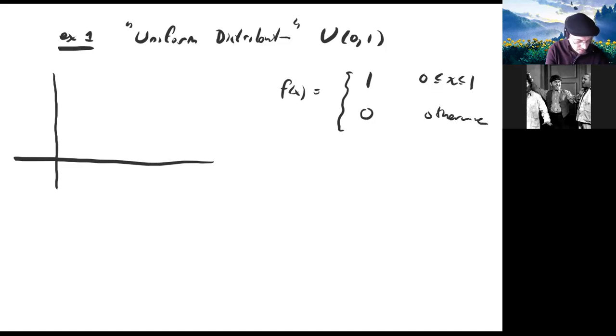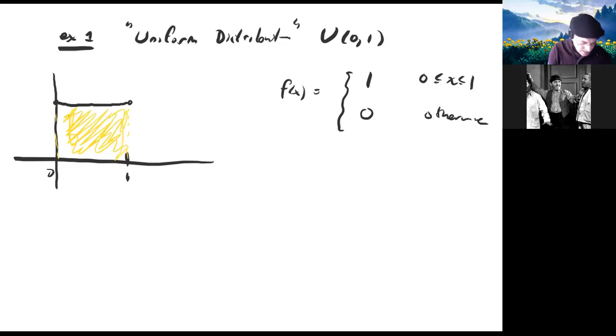So this U01 corresponds to the interval from 0 to 1. And the picture of the graph of the distribution looks like this. It's non-zero on this shaded region here.